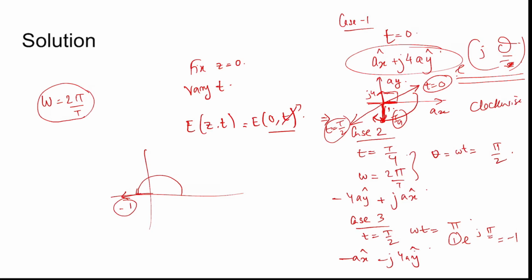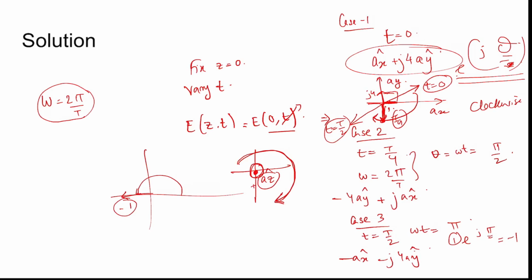Now you know that plus az hat is the direction of the wave. You point your thumb along this and try to match it, your fingers curl with this sense, that is the clockwise sense. Only your left hand will be able to do that. Both conditions, that your thumb should be pointing along the direction of propagation of the wave, that is along plus az hat out of the board, and your fingers should be curling exactly in this sense, the clockwise direction.